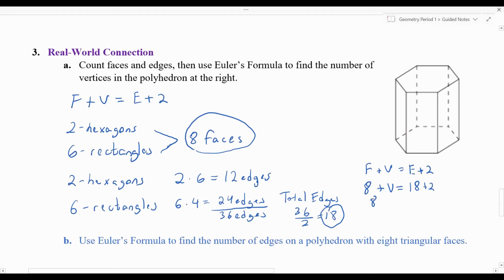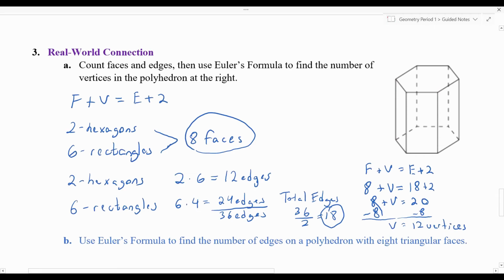Then we have 8 plus V equals 20. We subtract 8 from both sides, and we get that V equals 12. So we have 12 vertices.